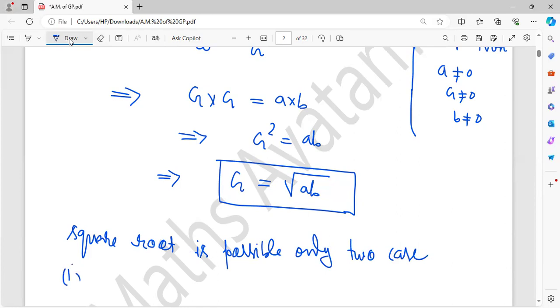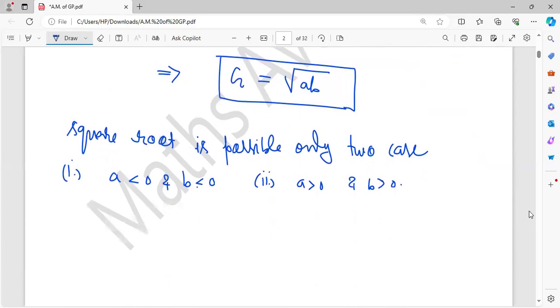Number one, both numbers should be non-negative, or second, both the numbers are negative. Both the numbers are negative or both the numbers are positive. Otherwise, you cannot take a square root.